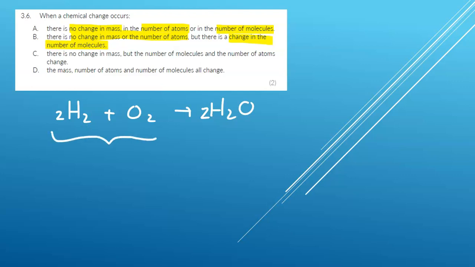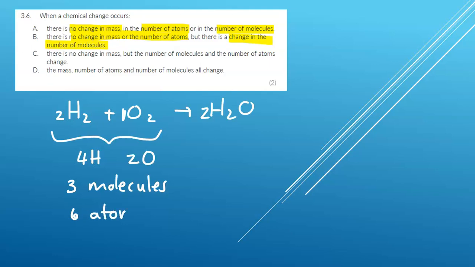If I look on this side, I have 4 hydrogens and 2 oxygens. I have a total of 3 molecules. So I have 2 hydrogens and 1 oxygen molecule. That's where the 3 molecules come from. And if I look at my atoms, I have a total of 6 atoms. All right. And then on this side, I still have 4 hydrogens and 2 oxygens, and that is thanks to my balancing act.